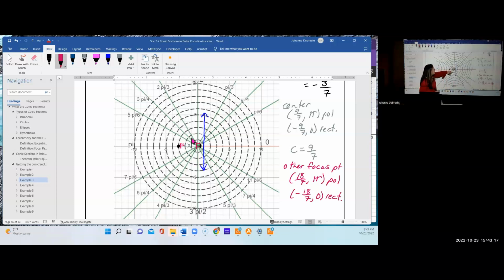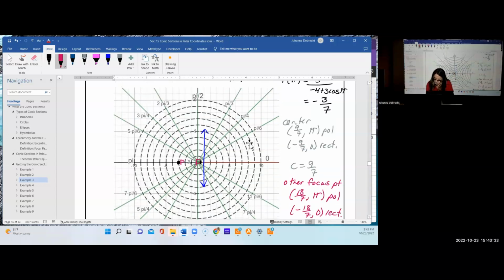Now we need the minor vertices, so we do the same thing we did previously. We find the value of B by computing A and C. A is the distance from the center to the edge, which we found to be 12/7. So up here.